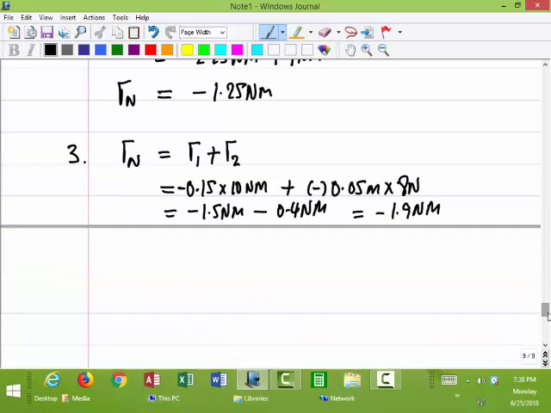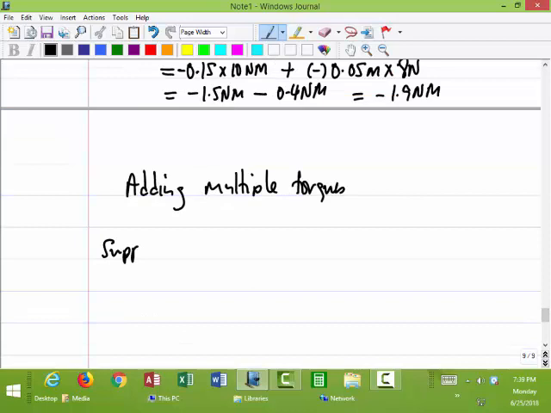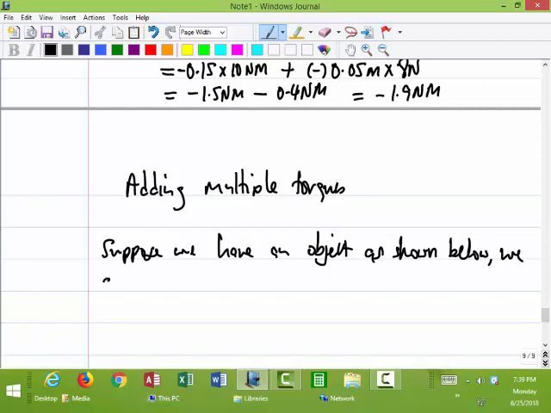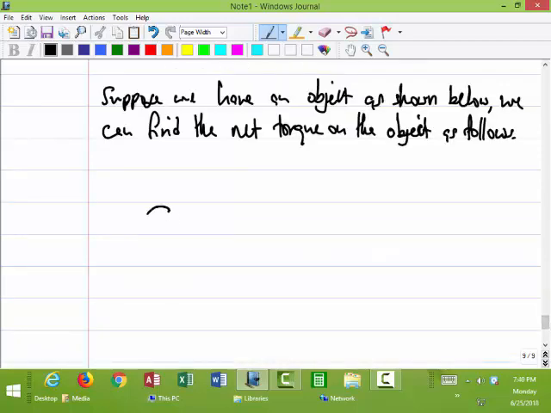So let's look then at a general rule for the sum of all torques on an object. So we'll just add in multiple torques. Suppose we have an object with multiple forces acting on it at different lever arms. We can find the net torque as follows. Let's take an object of arbitrary shape like that, and let's say that it has an axis like that, so it's going to rotate about that axis.